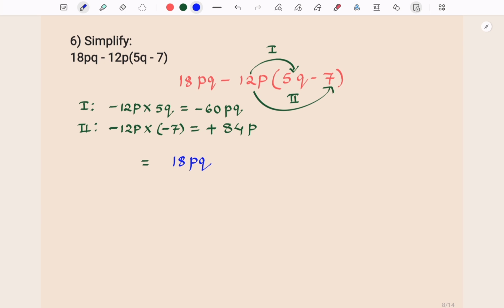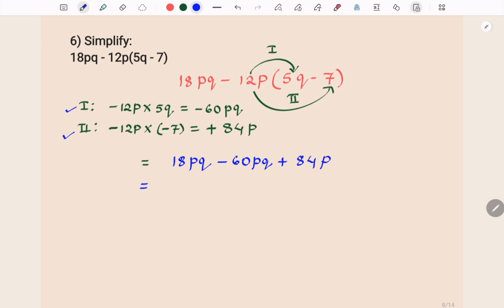Okay. And then the result of the first multiplication, that is minus 60pq, and then the result of the second multiplication, that is plus 84p.